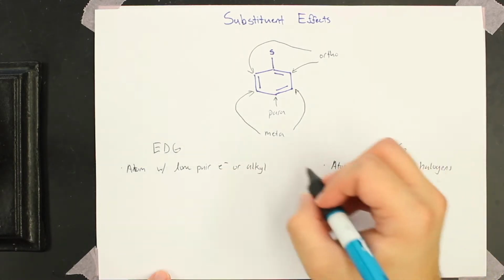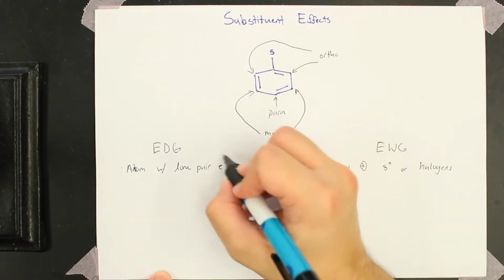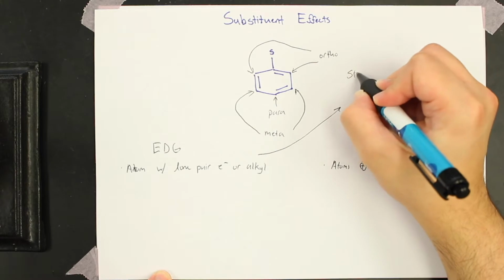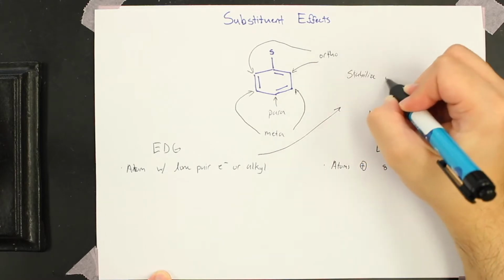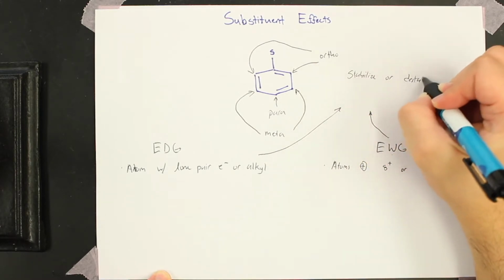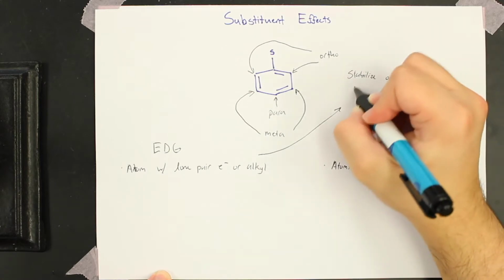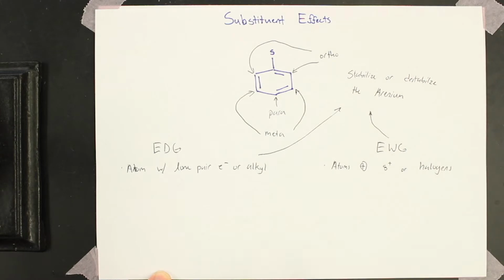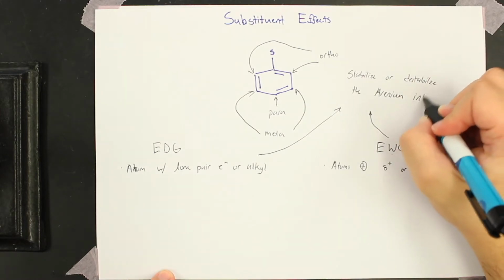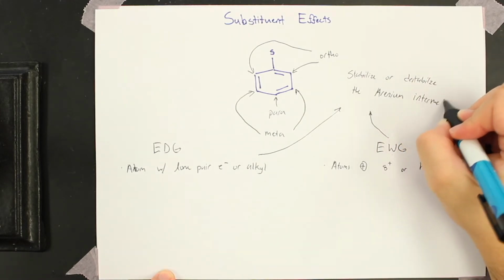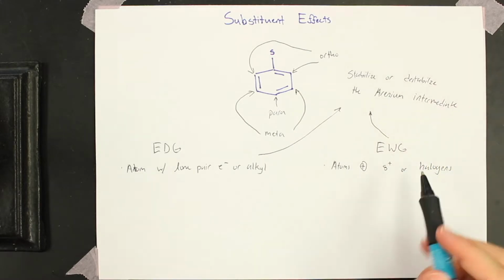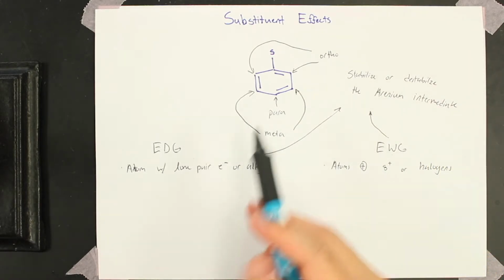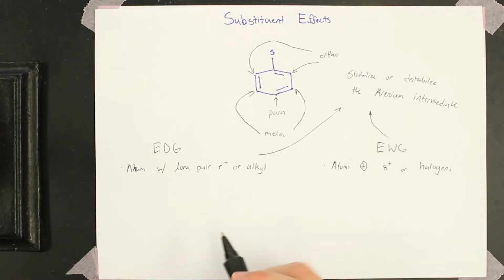The effect these groups have is that they will either stabilize or destabilize the arenium intermediate, the arenium complex that we talked about just previously. The stability of that ion will be affected depending on what substituent the ring contains.